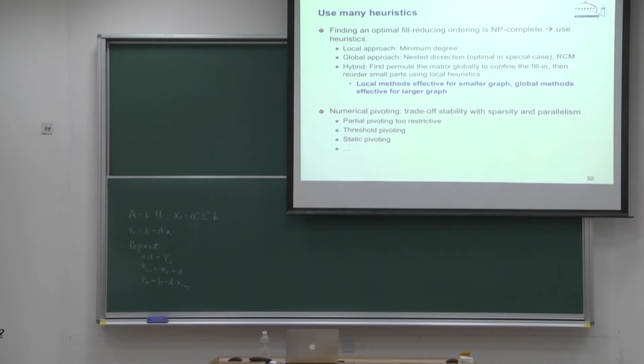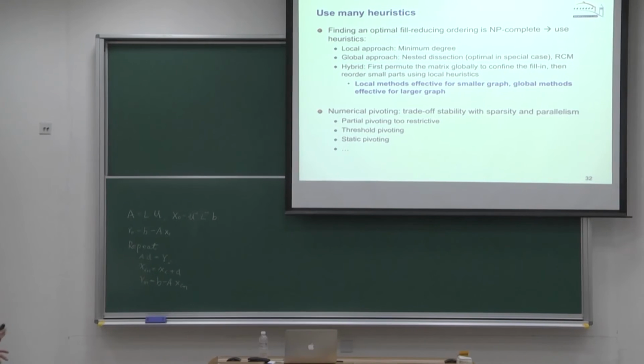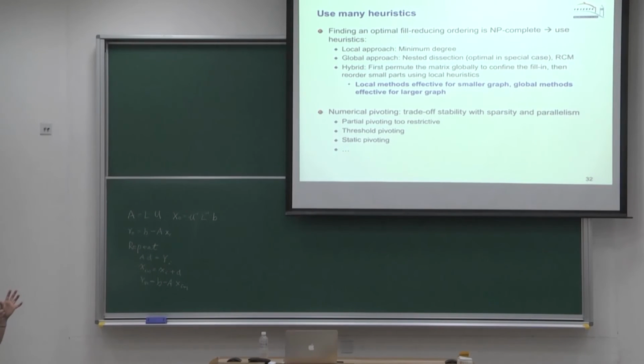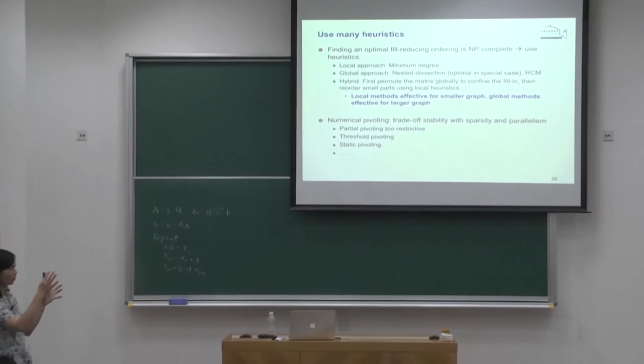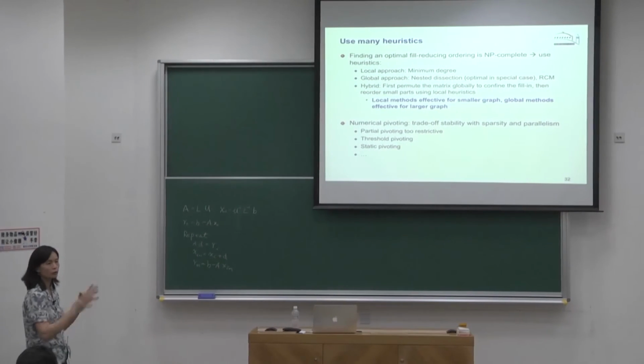Nowadays, for these two classes of algorithms, people have observed that local minimum degree is good for medium-sized problems, not for very big ones, because it doesn't have a global picture. Whereas nested dissection graph partitioning starts top down. You look at the global graph, find the separator, continue going down.